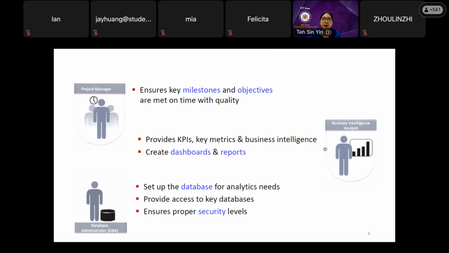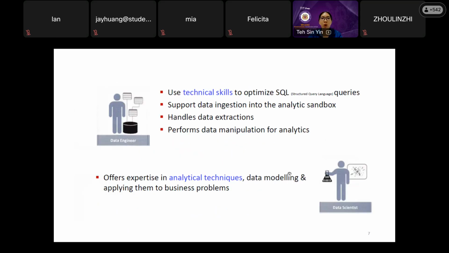So it depends on the team. If you are a small company or a small project, usually one person will need to play a few roles. If you are a very big company running a big project, then the roles will be more specific. So please bear in mind, it is possible to have overlapping in their job role or their job scope.